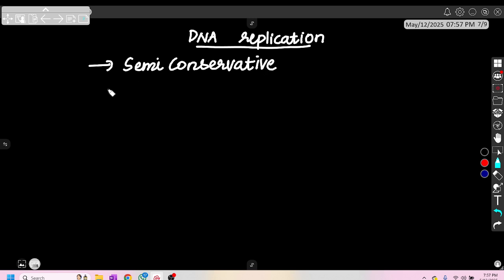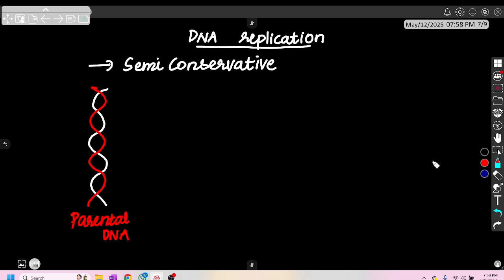Here you can see DNA has got two strands, one strand and the second strand. This is our parental DNA. When this DNA undergoes replication, first the two strands will separate.